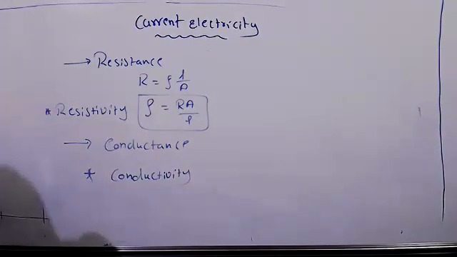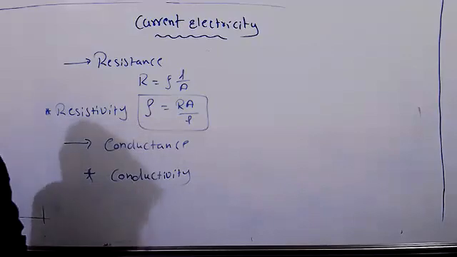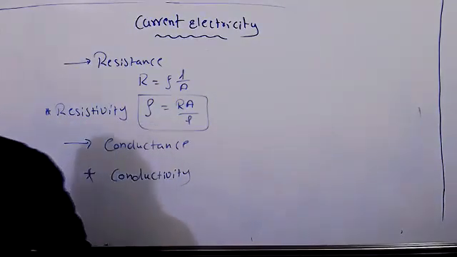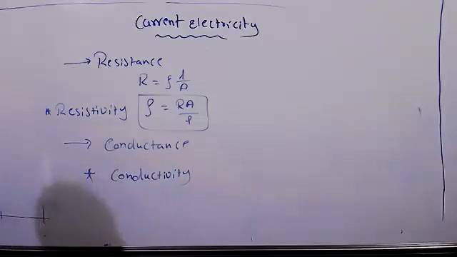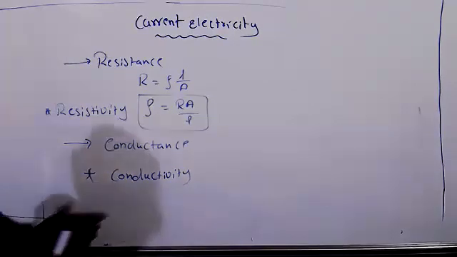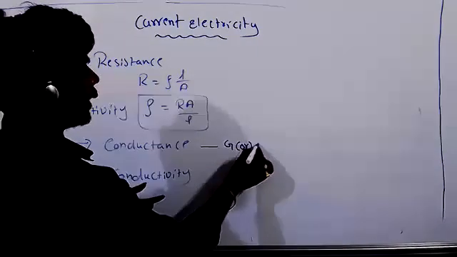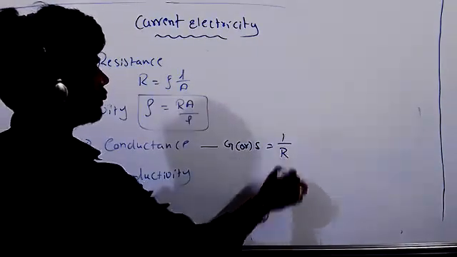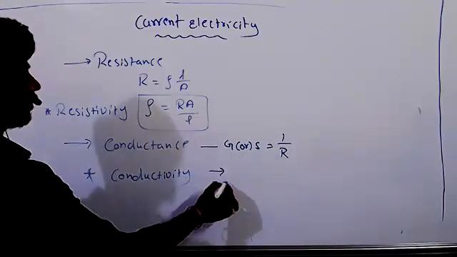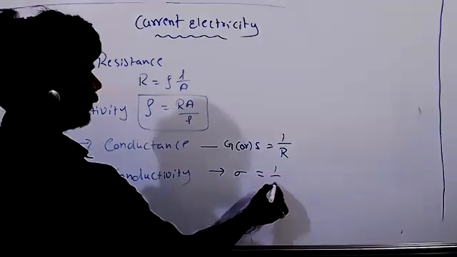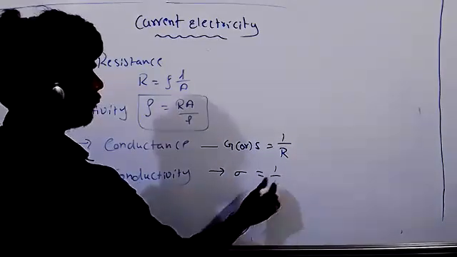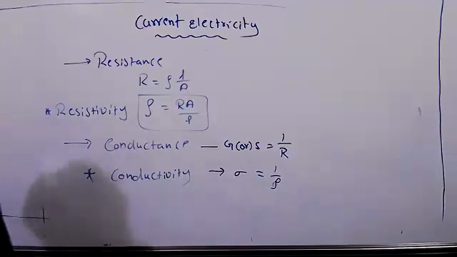Anybody can say what is conductance? Reciprocal of the resistance. So conductance, denoted by the letter G, is the reciprocal of the resistance. Conductivity, 1 by rho, is the reciprocal of the resistivity.